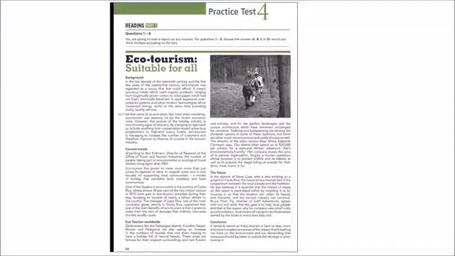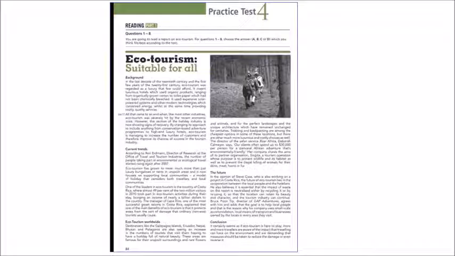Current trends. According to Ron Erdman, Director of the Research and the Office of Travel and Tourism Industries, the number of people taking part in environmental or ecological travel started rising again after 2007.